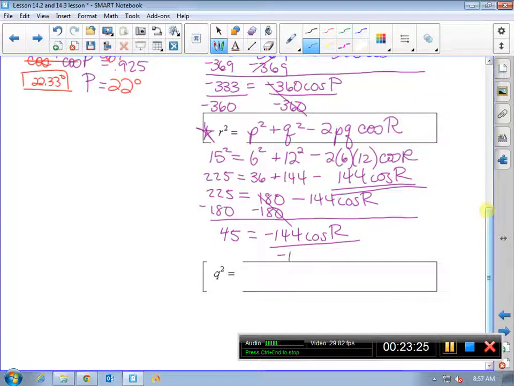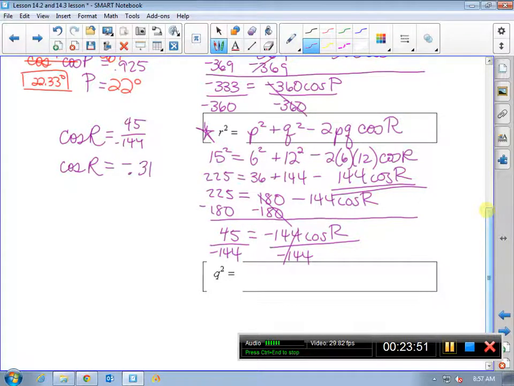Let's divide by negative 144. And what do we have? Let's do it this way for consistency: the cosine of angle R is equal to 45 over negative 144. That's also a pretty nice looking decimal.